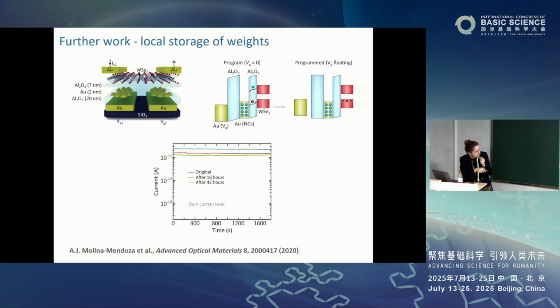You can see that even though you get less and less current produced after a certain amount of time, it is still much more than the dark current level.